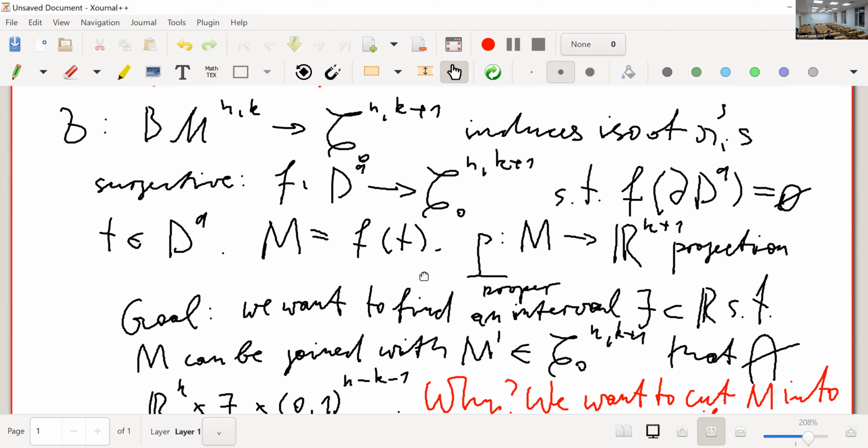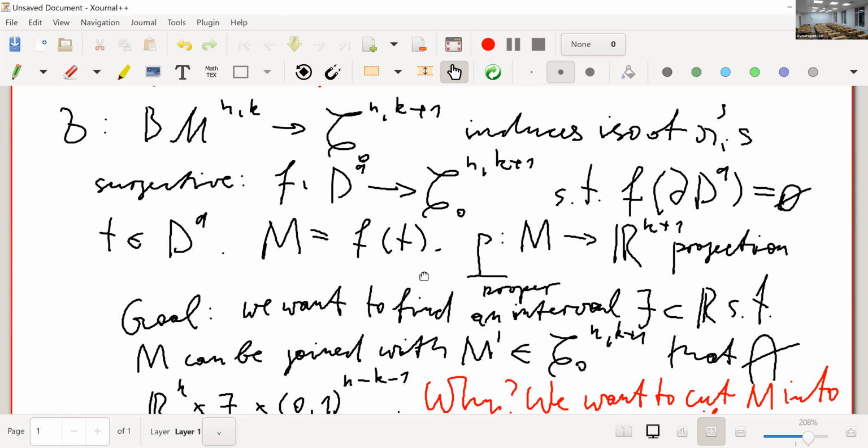So if we want to show that the map sigma is surjective in some way or another, we need to be able to deform our manifolds f of d to some other manifolds which would have the same shape. Does this make sense? Yes. Okay.